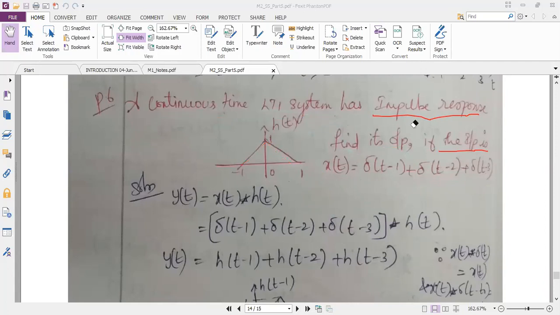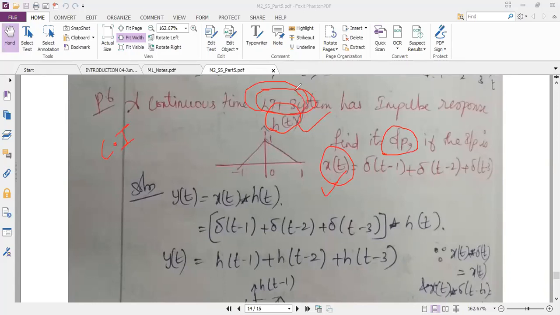So how will you identify? We are going to use the convolution integral formula because h of t is given in the question, x of t is given in the question, and they have mentioned it is an LTI system. So all these three things will help you identify that we are going to find the convolution integral. They have not used the words find convolution integral in the question. Instead, they have given the impulse response and x of t, and they are asking you to find the output for an LTI system.